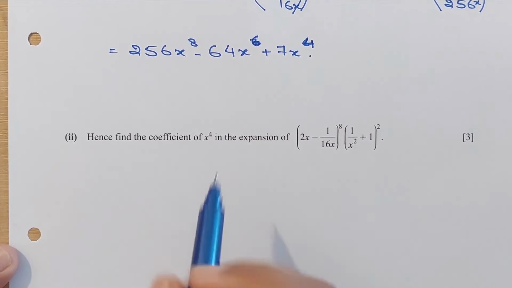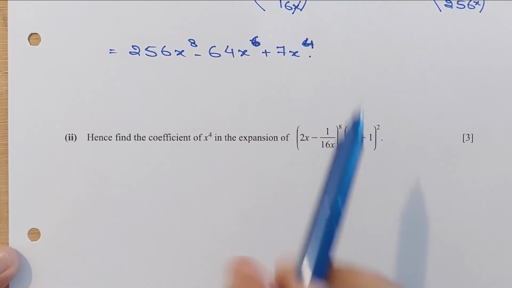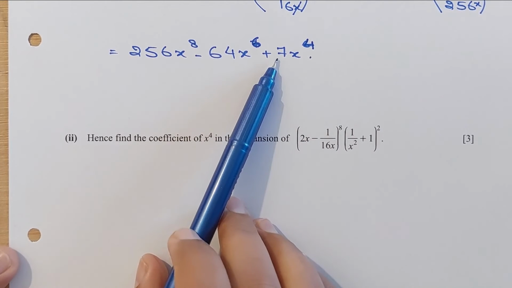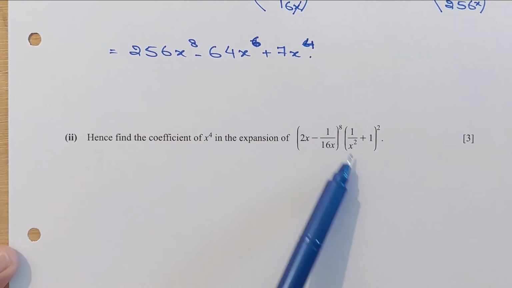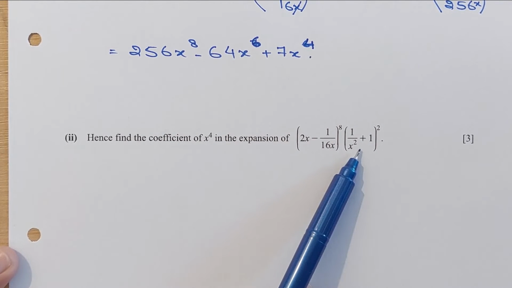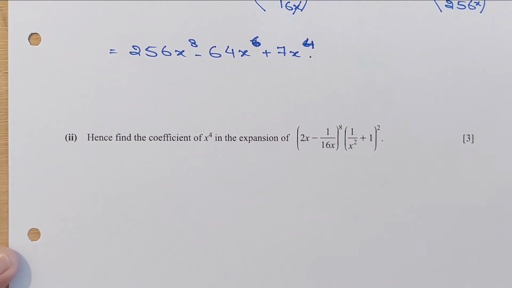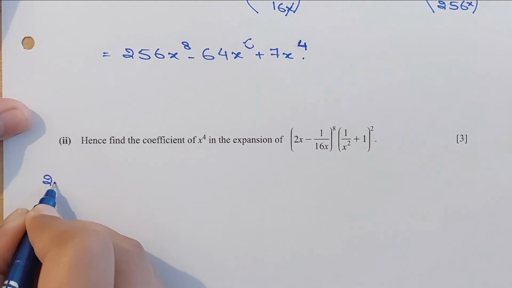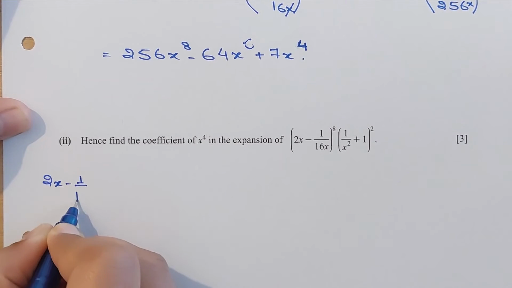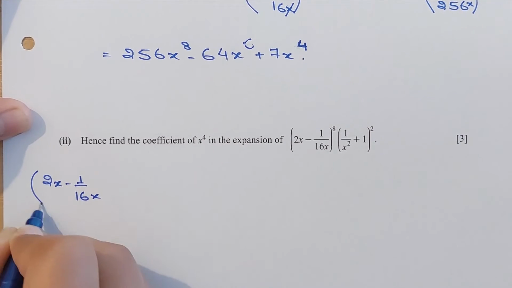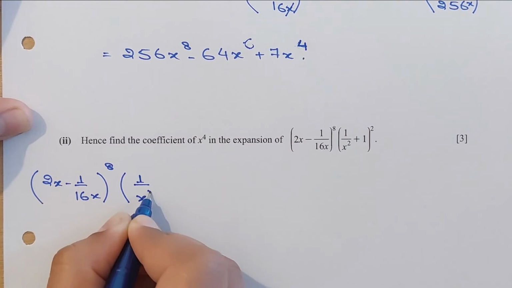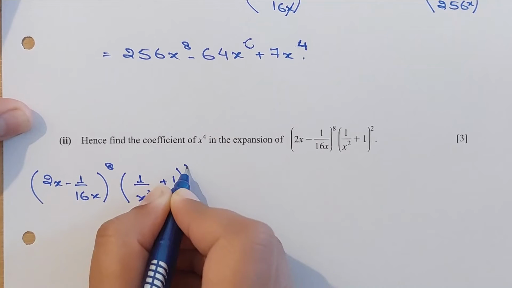Now for the second part, we have to find the coefficient of x^4 in the expansion of this. Let me find the coefficient of x^4 in this expansion, and then we can do the product of both. We have (2x - 1/16x)^8 and (1/x^2 + 1)^2.